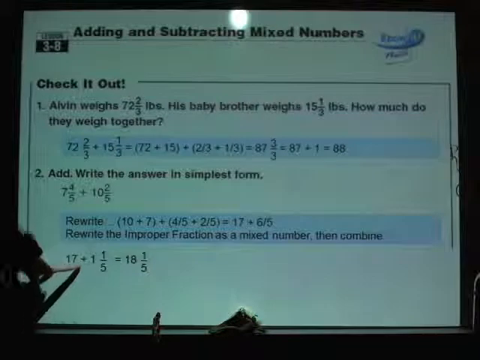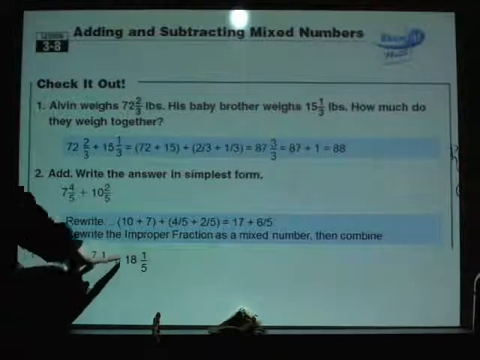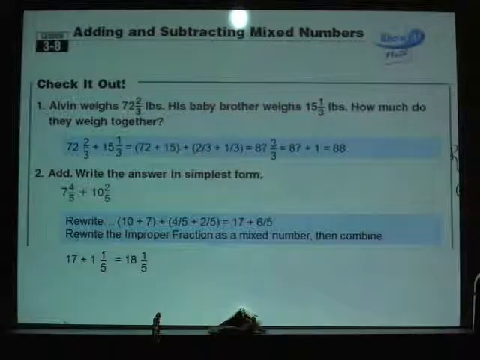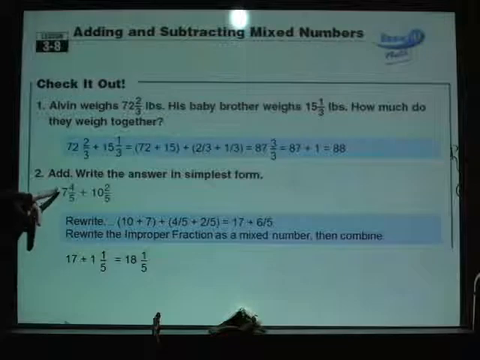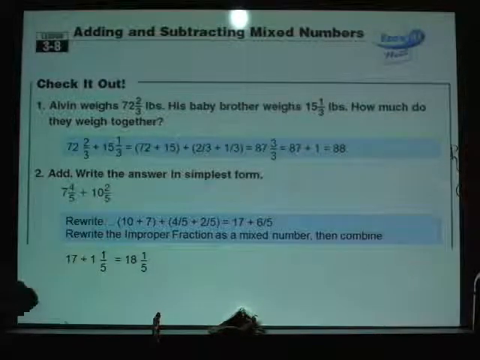So this is 17 plus 1 and 1/5. 17 and 1 go together to make 18, plus the 5th is 18 and a 5th. So 7 and 4/5 plus 10 and 2/5 is 18 and 1/5.